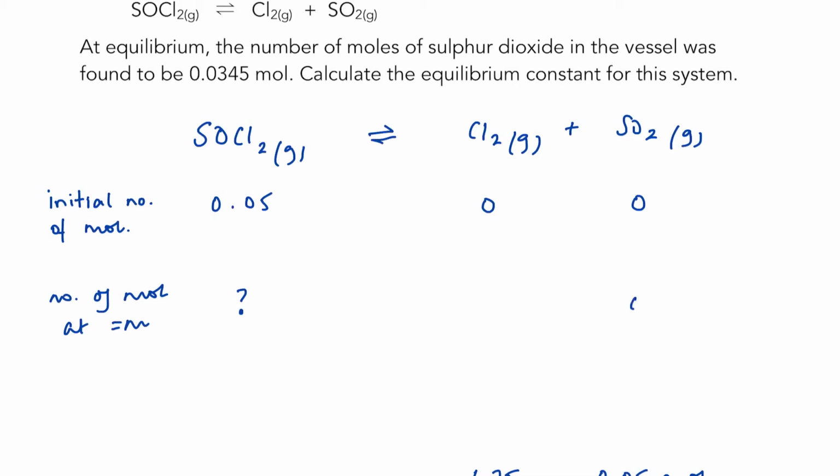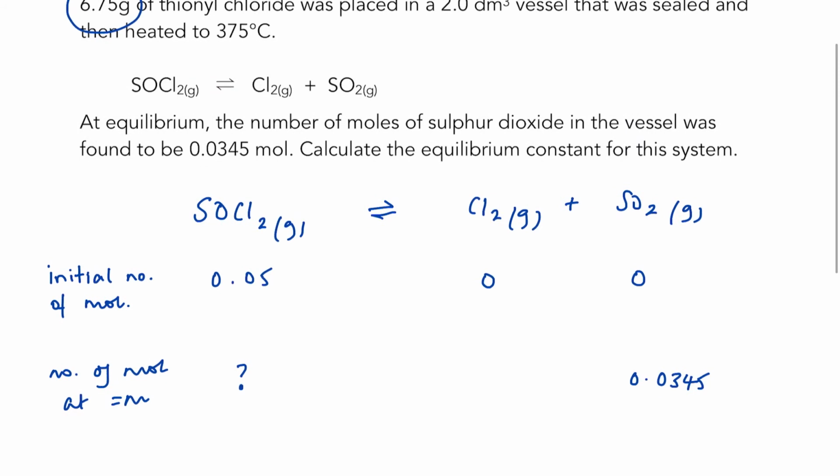It is 0.0345, which means, if we look at our equation, my products are produced in a 1-to-1 ratio. So if at equilibrium I have got 1 mole of sulfur dioxide, I'd have 1 mole of chlorine. If I've got 0.0345 moles of sulfur dioxide, I would also have 0.0345 moles of chlorine.